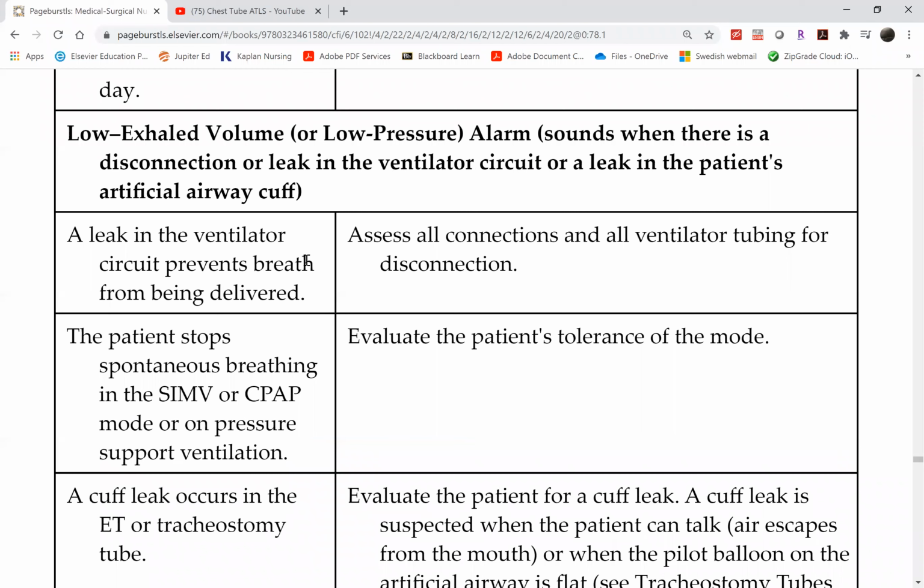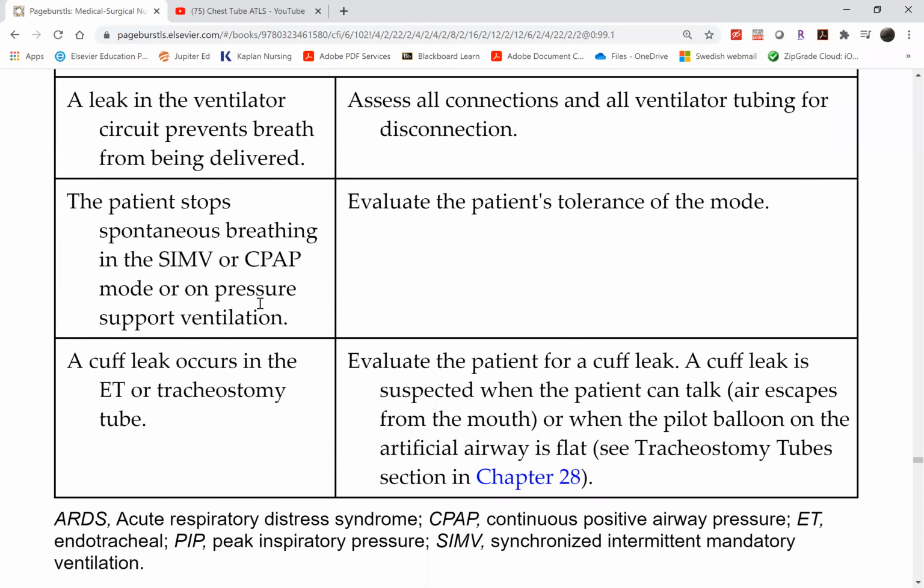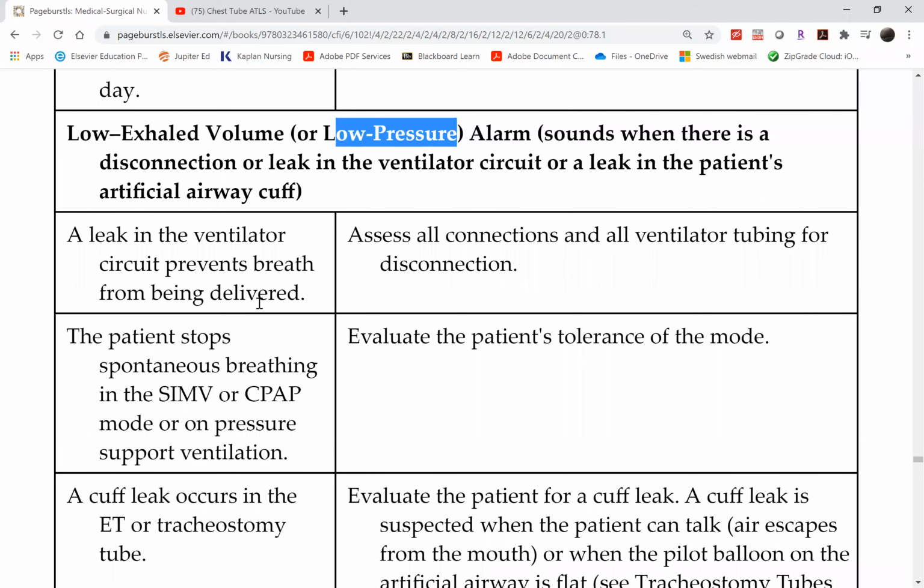What's happening between the patient and the ventilator? There is low resistance or low pressure. So there's not enough resistance between the ventilator and the patient. Another cause not listed here is if the patient extubated themselves, they pulled the tube out.